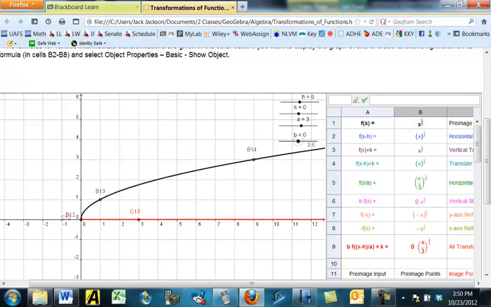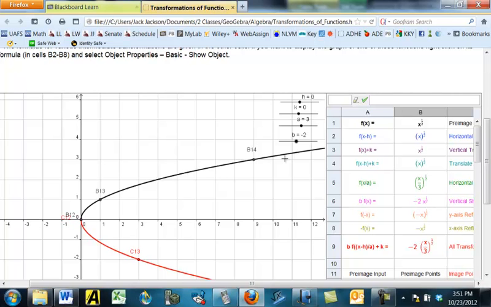Okay, so let's back up and follow one of our points here. So here's B13, which is (1, 1). Where does it go? It goes 3 times as wide, so it stays the same height, but now it's at (3, 1). The next thing we're going to do is divide by negative, b is negative 2, and it's division over here.